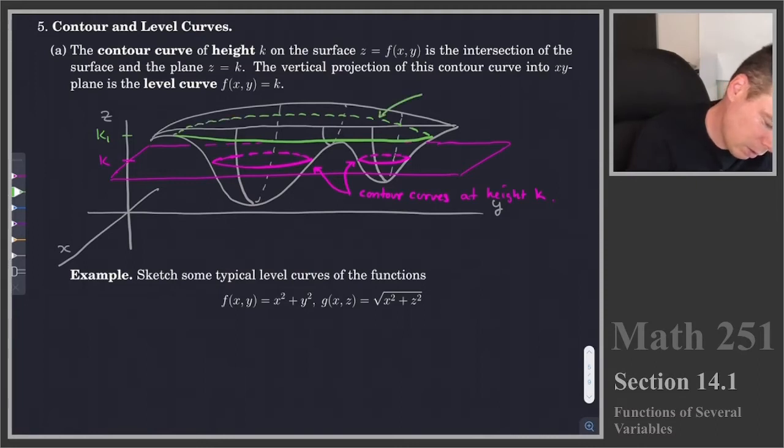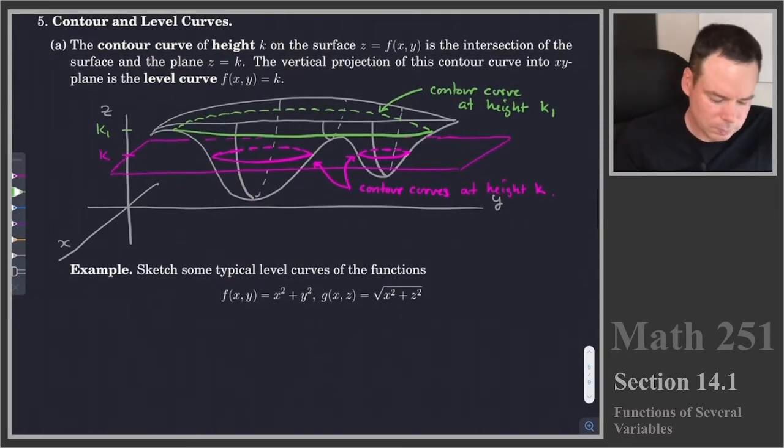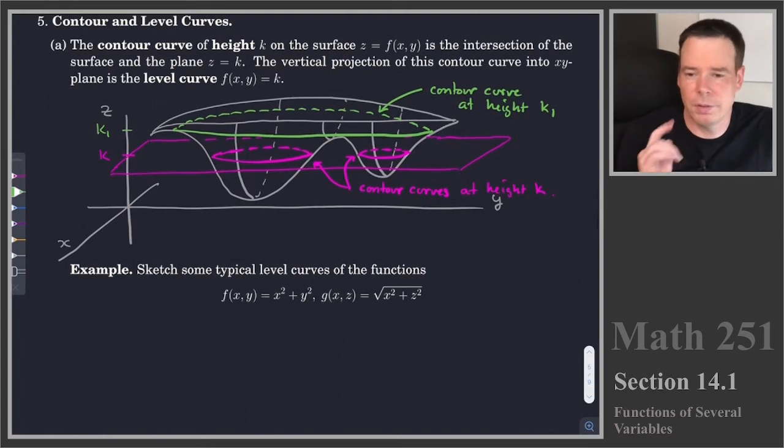And this is my contour curve at height k1. So those are what contours are. They're just curves on the surface that consist of points all of the same height.